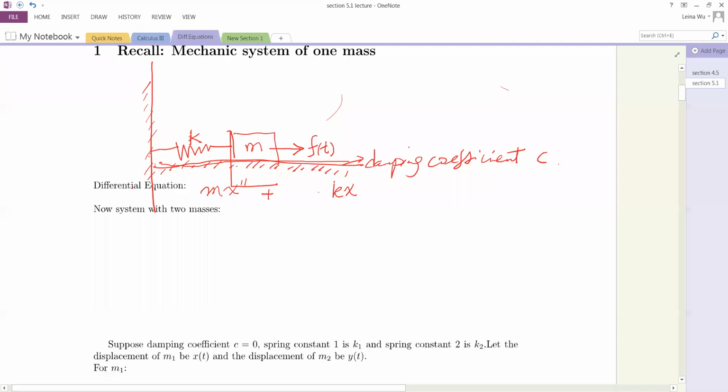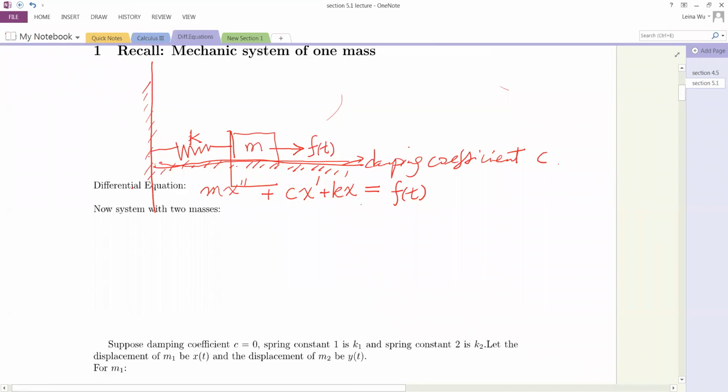Then something related to velocity, which is about the damping coefficient, so damping c times x prime. So m x double prime plus c x prime plus k x equals the external force f of t.